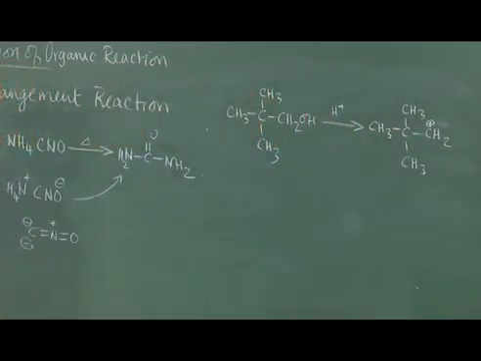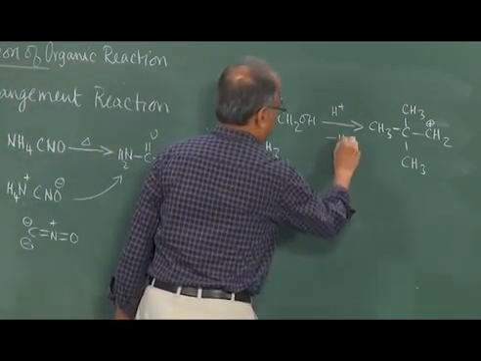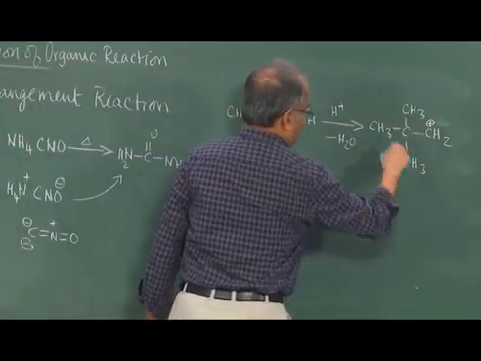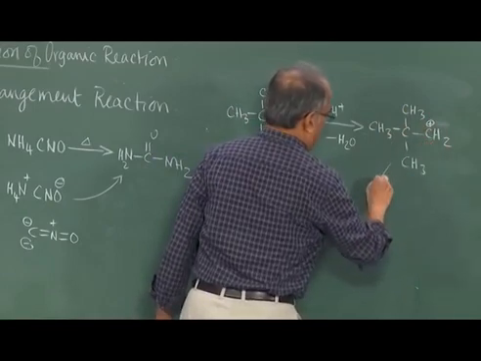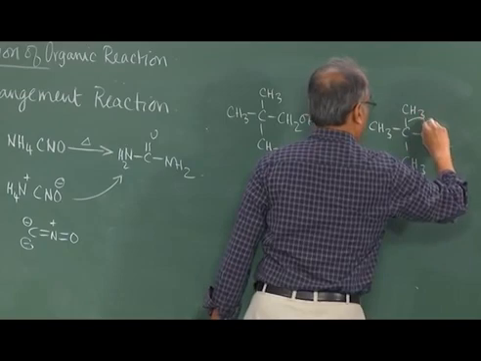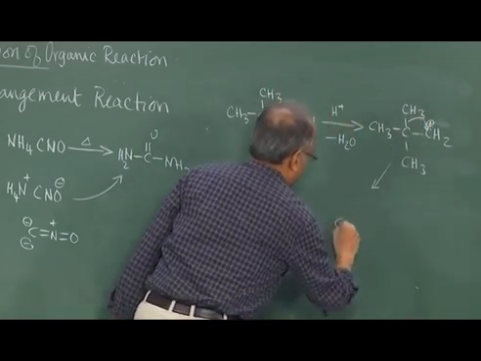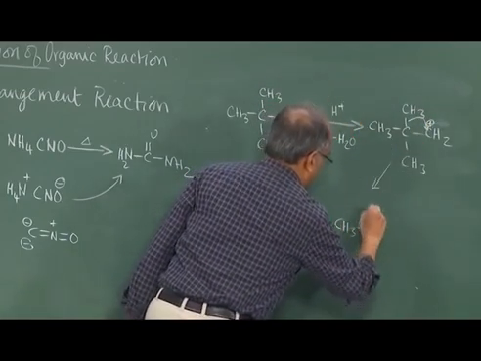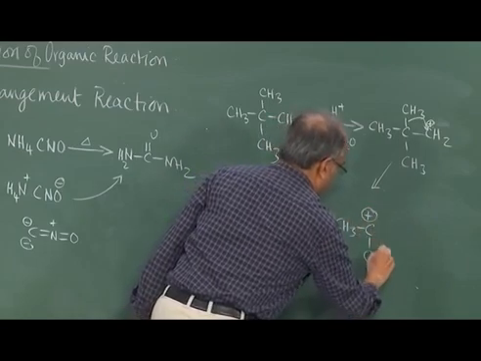So, you protonate the oxygen, remove a water molecule. This is a dehydration reaction. This is not a stable compound because this is a primary carbonium ion. So, there is a migration of the methyl group to the adjacent position because that will produce a tertiary carbonium ion, carbocation.